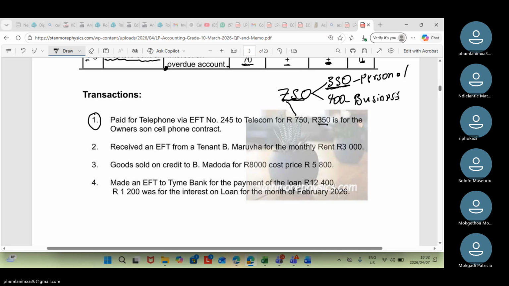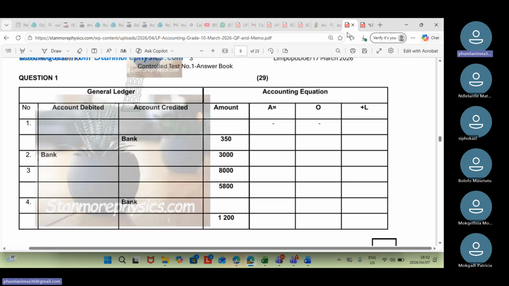Here, we agree that we have personal use, and for the business is how much? The telephone bill is 400. So on the accounting equation, this is what we need to do.